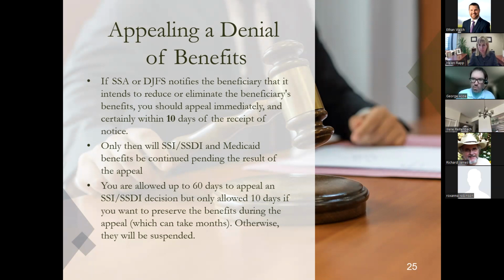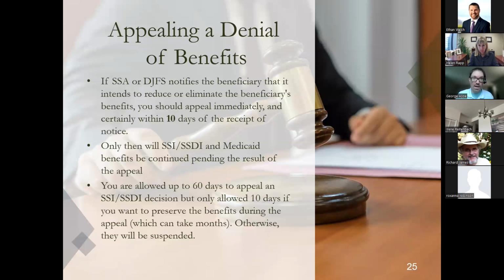So what we tell folks is, if you get any notice from Medicaid that makes you worried, let us know right away, because we can, one, tell you whether this is actually something to be worried about or not. Two, get that appeal filed on your behalf, and then three, figure out, is this denial correct?